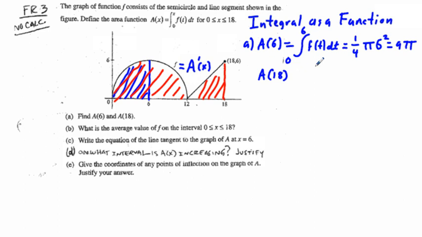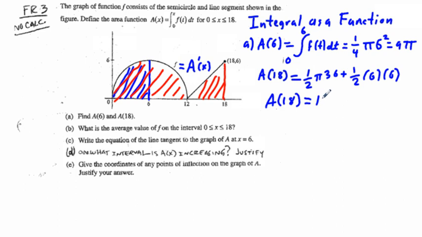Well, what that's going to be is 1/2 of the circle, pi r squared, which is 36, plus the area of that triangle, which is 1/2 the base of the triangle, which is 6, and the height, which is 6. So A of 18 simplifies to 1/2 of 36, which is 18 pi, plus 1/2 of 36, which is 18. So that's what we have for part A.